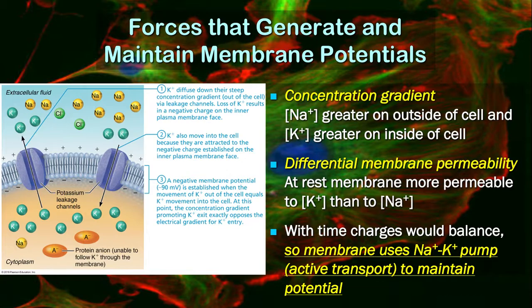Okay. What do you know about diffusion and the way things normally want to move? They want to move from high concentration to low concentration. So which direction at rest are my potassium ions going to want to move? Inside the cell or outside the cell?